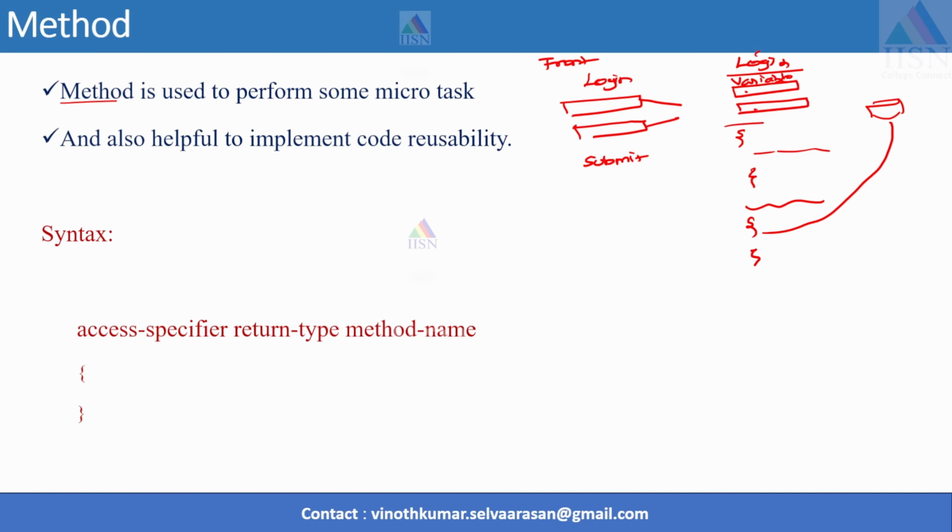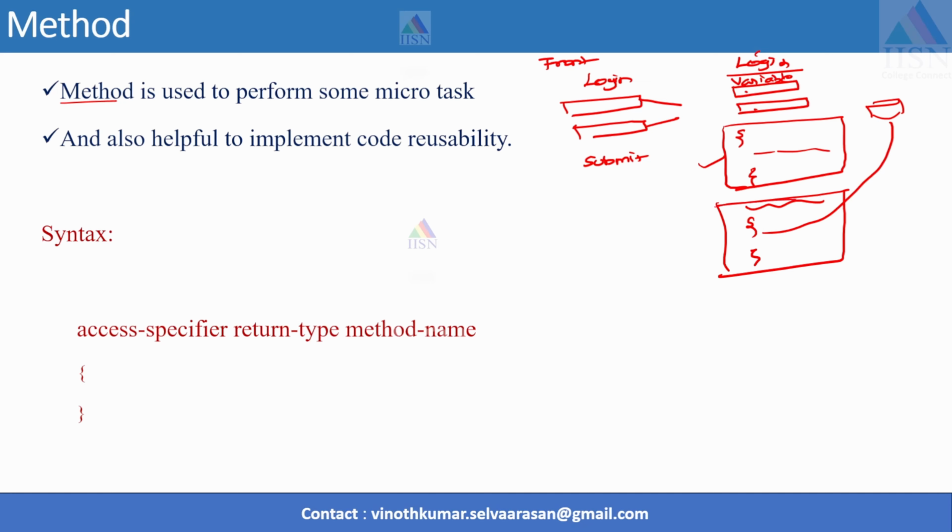But we have some other tasks also that need to be performed. Okay, so we are just breaking this task into multiple things. This task is to check whether the username and password match the given criteria. Then we need to check whether the values are present in the database or not. Okay, so here we are going to use the method to perform some micro task. And also we need to achieve code reusability.